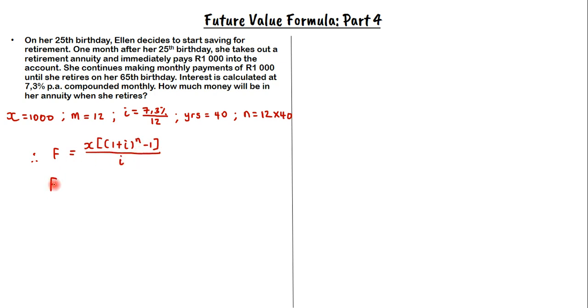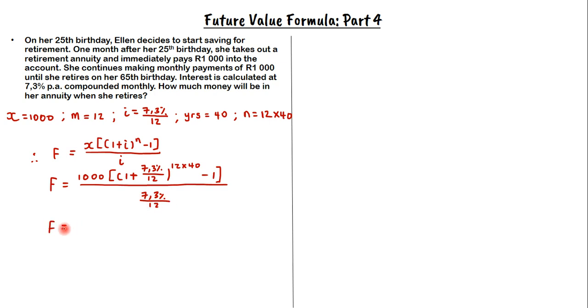Because we're calculating F, we can substitute everything. I have 1 plus 7.3% over 12, to the power of 12 times 40, minus 1, over 7.3% over 12.